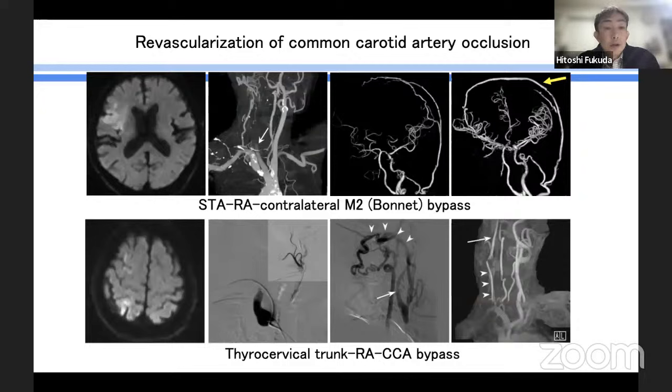Radial artery interposition graft can also be used for revascularization of common carotid artery occlusion. This is a case of right minor stroke caused by right CCA occlusion.